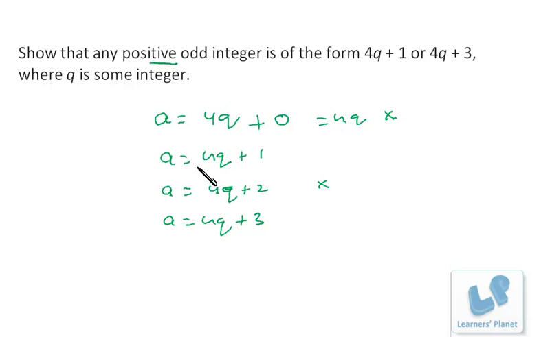That means we are left with 4q plus 1 and 4q plus 3. So a is an odd number, and an odd number can be represented in the form of 4q plus 1 or 4q plus 3. So this is how we can prove this. I hope you are clear.